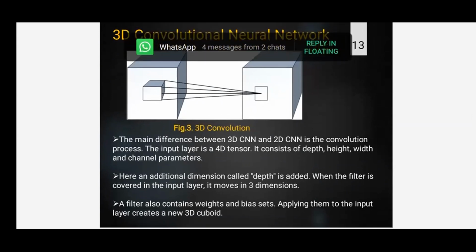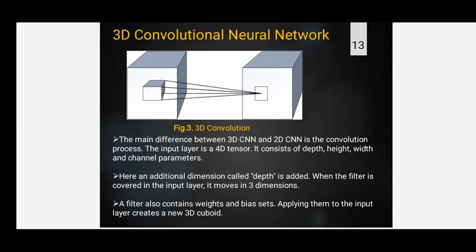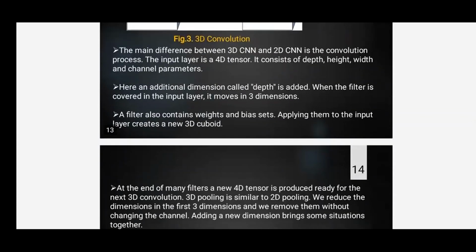The main difference between 3D CNN and 2D CNN is that it contains a 4D tensor, which is depth, height, width, and channel parameter. Here depth is added to the 3D convolution.